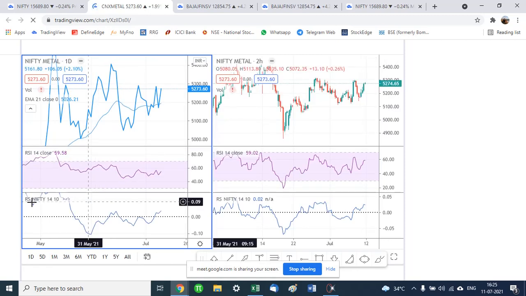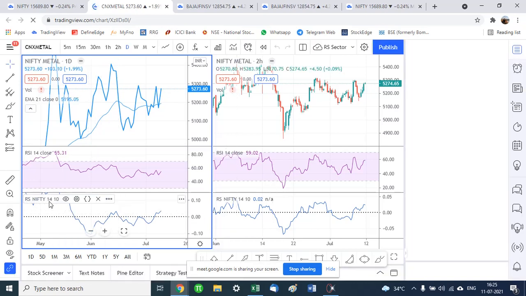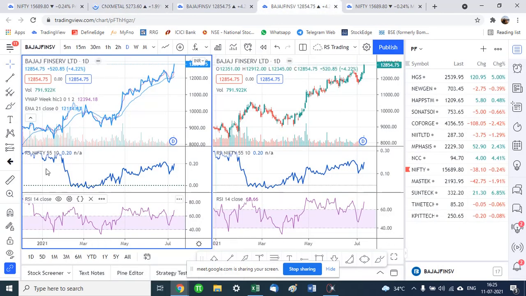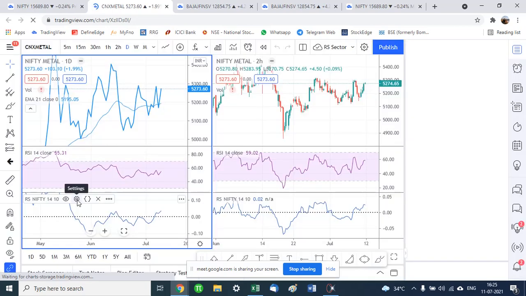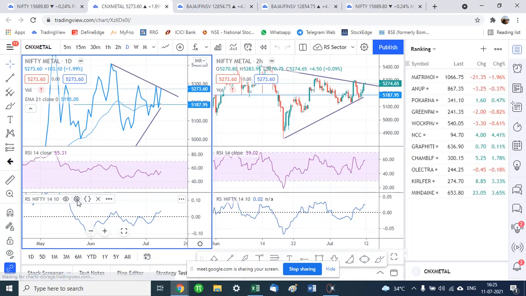So we have the relative strength line plotted here against the Nifty. For sector, I told you we use the 14-day period instead of 55. For stocks, it's 55. For sectors, I prefer to use 14-day. This is based on my experience because sector rotation happens a lot more quickly. So in 14-day period, this works better.